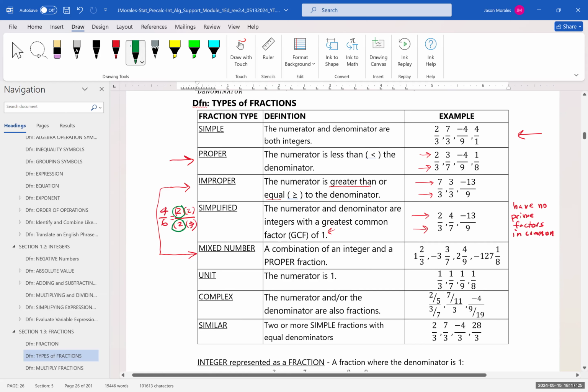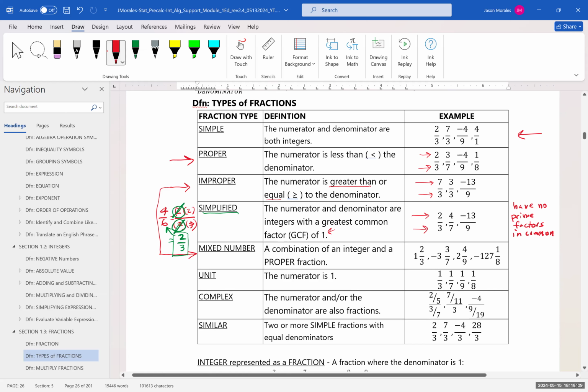And so what you can do to simplify it is to cancel one factor of 2 in 4 with another factor of 2 in 6. By canceling those, you're left with 2/3. So 2/3 is a simplified fraction of 4/6. If you put in your calculator 4 divided by 6, you'll get the same answer as if you did 2 divided by 3, because 2/3 is just simplified. It doesn't change the actual value of that ratio of numerator to denominator.